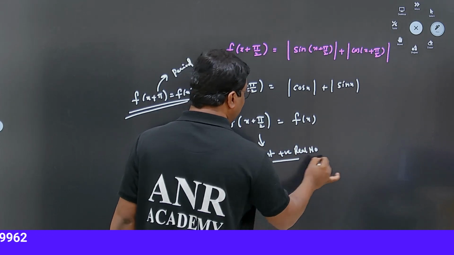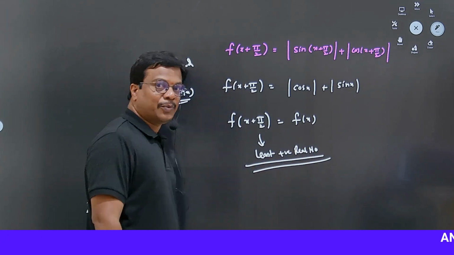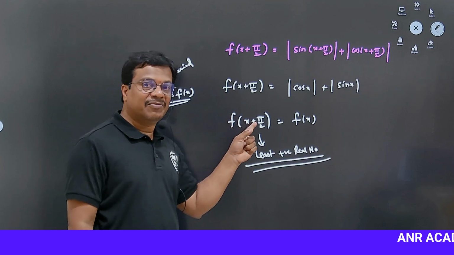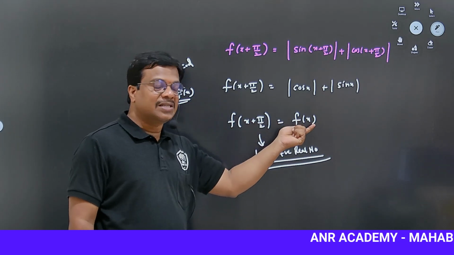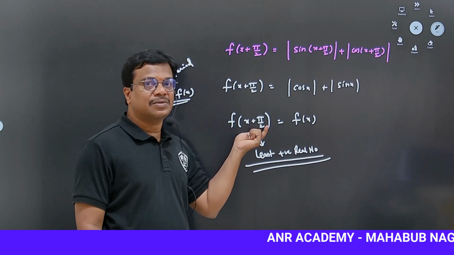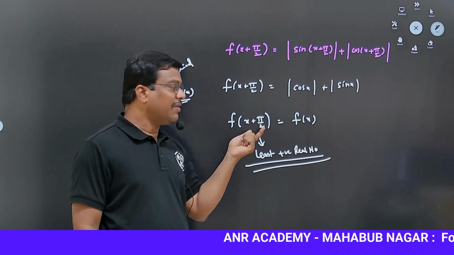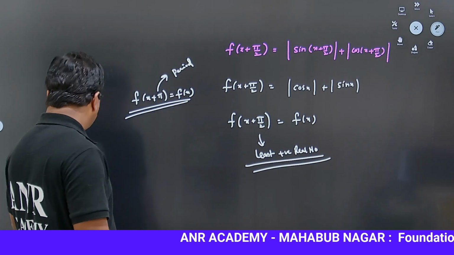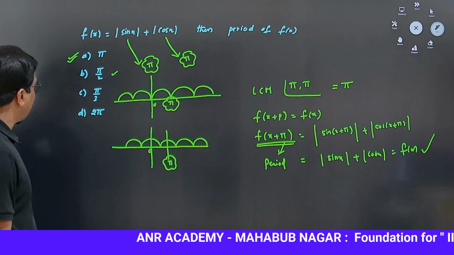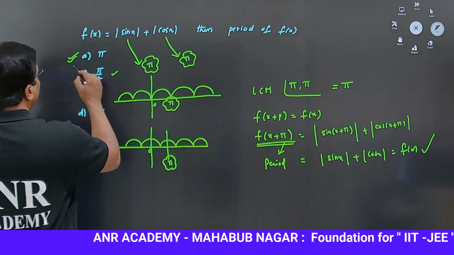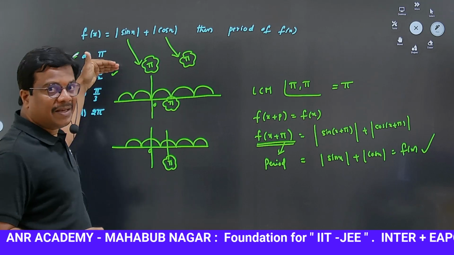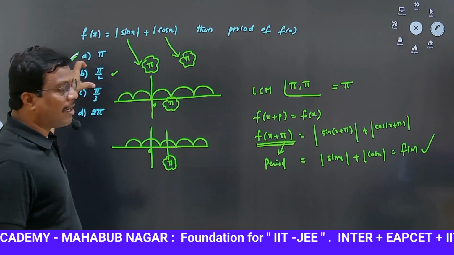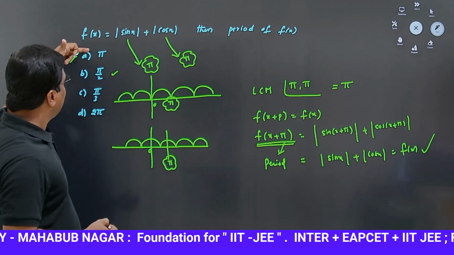No other number other than pi by 2 gives the same function f of x when you put it in place of p. In the examination you have to cross-check: this is a period, it is also correct, but whether there is any periodicity less than pi, that you have to cross-check.